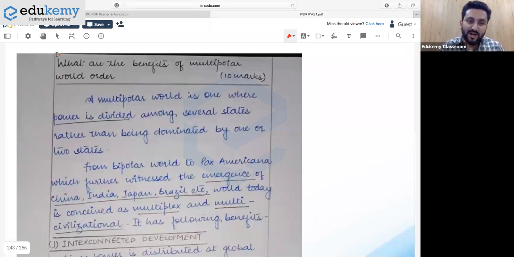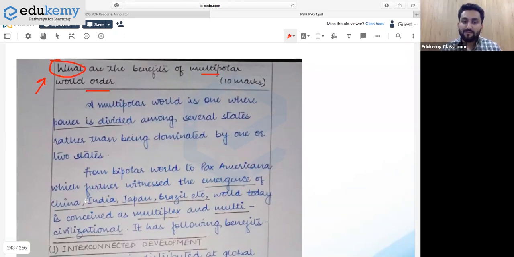Again, just check the question directly. What? बताना है benefits के बारे में of multipolar world order. 10 marks question, right? How should you start this particular answer? First of all, you have a pen and paper in front of you.